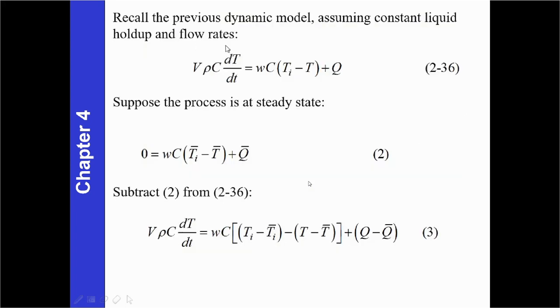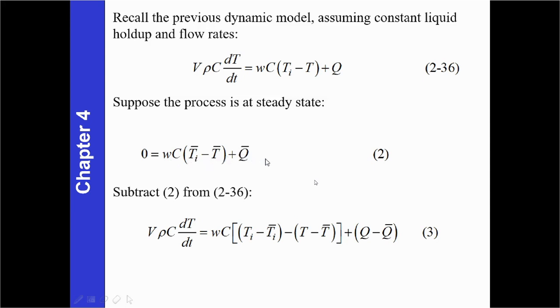So if you recall from the previous dynamic model, assuming constant liquid holdup and flow rates, the equation 2.36 that we covered last week on the dynamic modeling, and then we suppose that the process is at a steady state. So everything here on the left side becomes 0, and on the right side of the equation we have WC times (Ti bar minus T bar) plus Q bar.